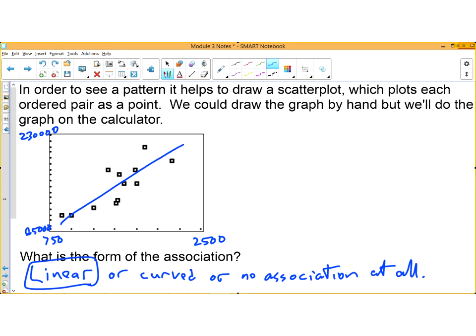All right, now strength. So strength is basically, right now it's going to be qualitative. We're not going to numerically define strength, but we will in a little bit. But the question is, looking at that graph, is the pattern strong? Does it follow the line pretty well? Now you may say, well, the points are really scattered, but if the pattern is obvious, then it's pretty strong.